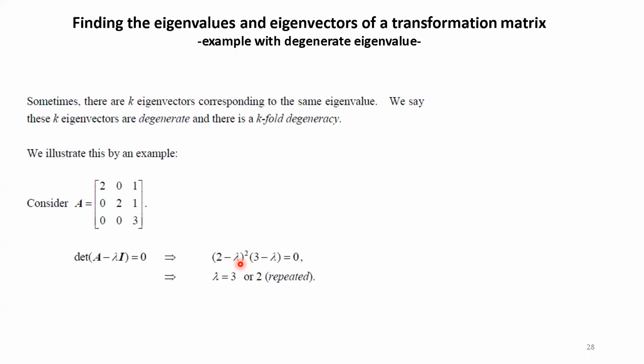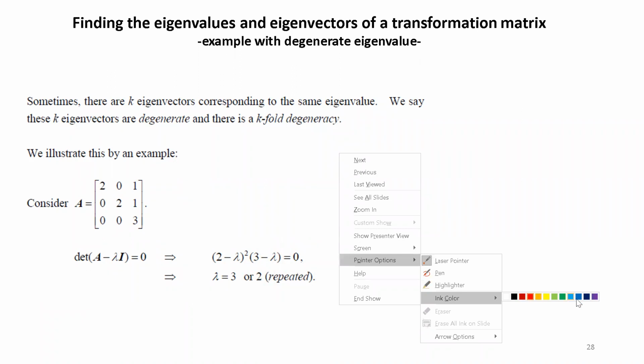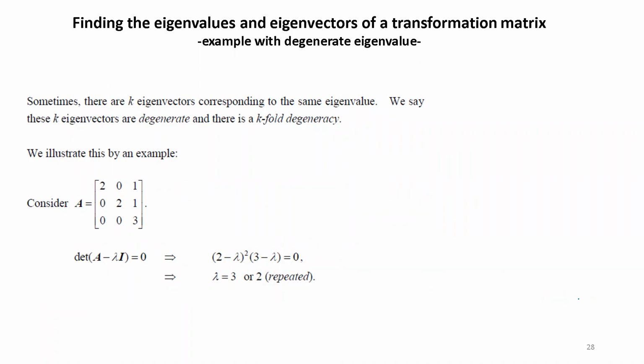So we need to consider two cases: lambda equals 3 and lambda equals 2. The focus of this example is actually on the lambda equals 2 case, because this is the one that has the so-called repeated root. But just as practice, let's go with lambda equals 3 first.